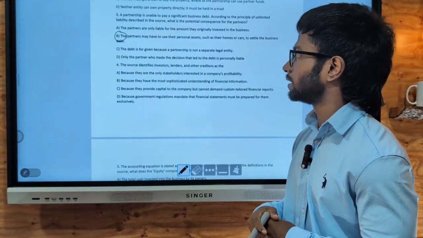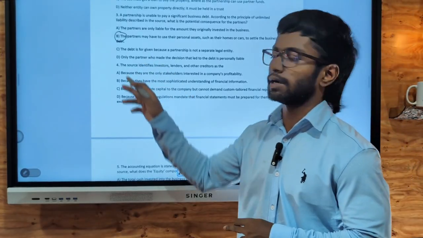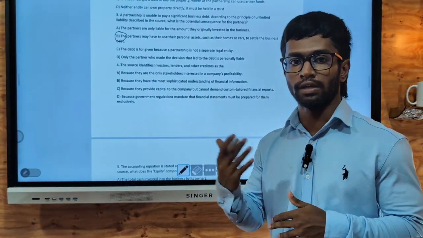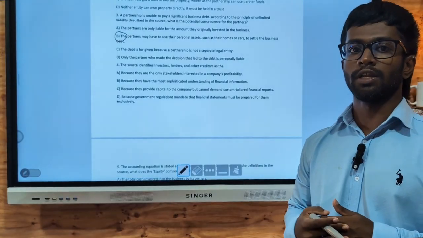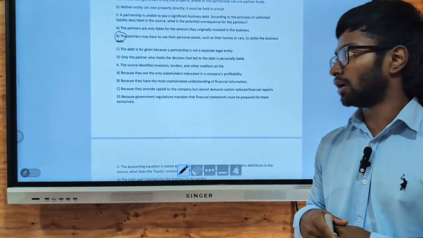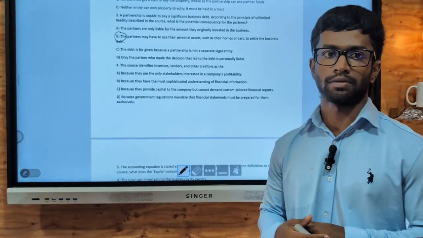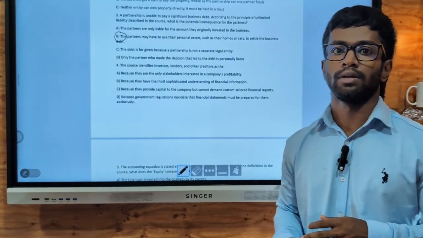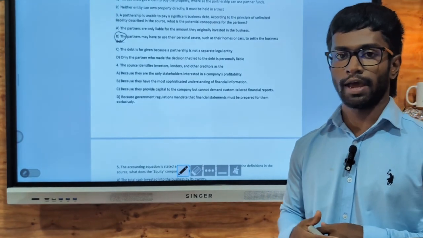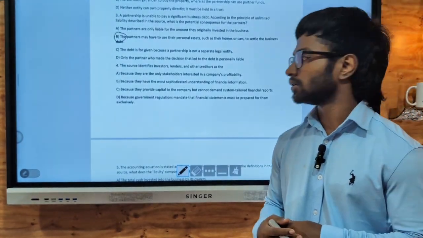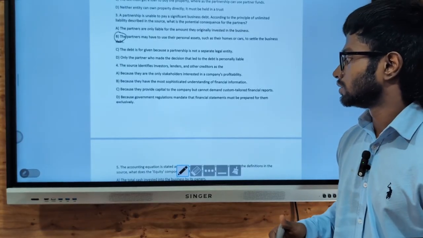Only partner who made, no, all the partners are liable because everyone is carrying out the agreement with the intention of earning profits. So everyone is liable to pay for the bankruptcy to settle. So if they're bankrupt, that means they have to settle liabilities. In order to settle that, all the partners are liable to settle for such.